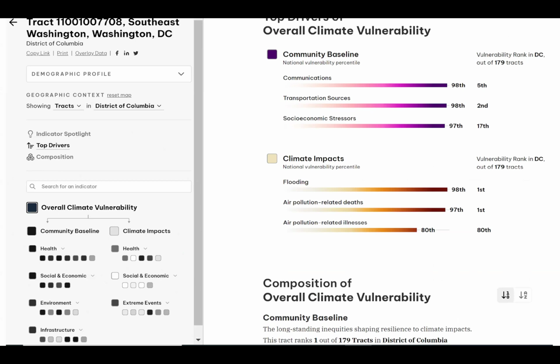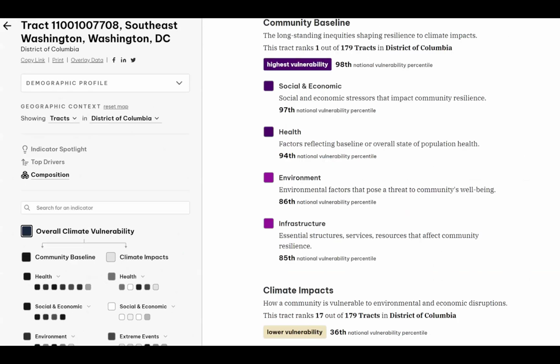It's ranked number 1 out of 179 tracts. It is very high: socioeconomic 97, health 94, environment 86, 85.